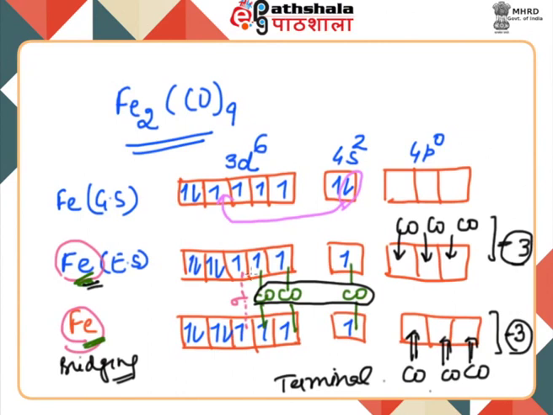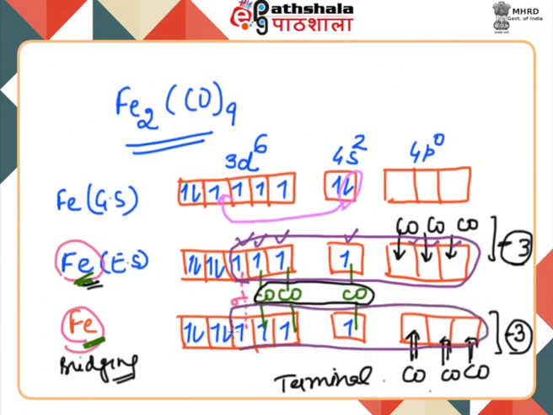And another thing that you can notice, if you look at the orbitals which are involved, which will undergo the hybridization. You can see here that there are 3 d, 1 s and 3 p orbitals. So there are a total of these orbitals which are involved on this iron, and similarly these are involved in this iron, which will be undergoing hybridization.